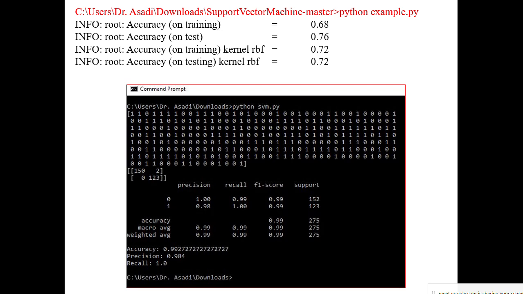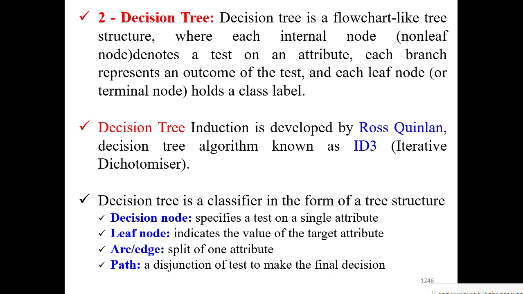How many items are correctly classified? 152 are wrongly classified and 123 are correctly classified. One indicates true, 0 indicates false. So finally we are getting 99.99 accuracy.